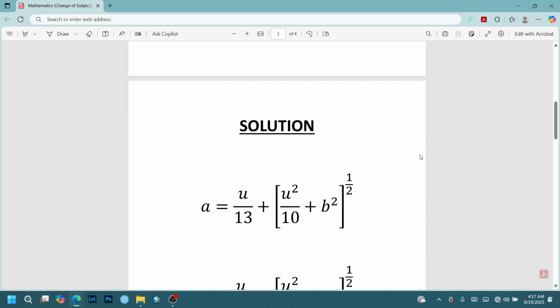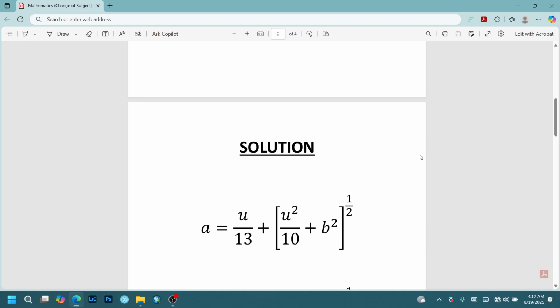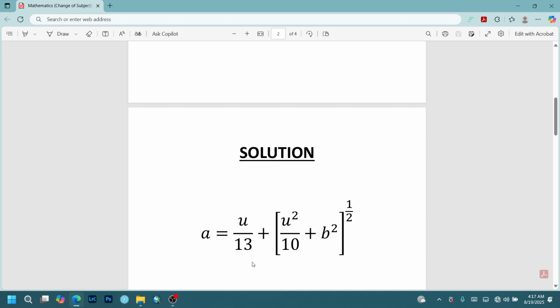So here, what we would do is to shift the fraction U over 13 to the other half of the equation, for this variable, the bracket, the fraction U squared over 10 plus B squared raised to the power 1 over 2, to stand on its own, because we want B to be the subject of the relation.